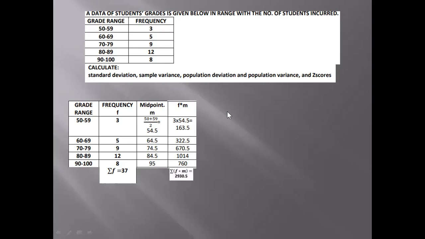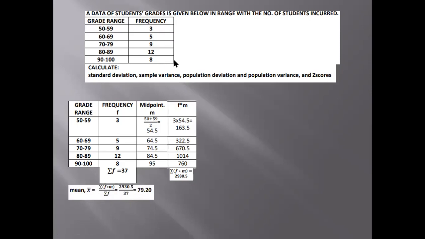Then you're going to sum all the values in the fourth column: 163.5, 322.5, 670.5, 1,014, 760, which gives us 2,930.5.